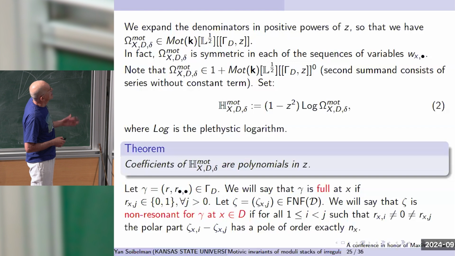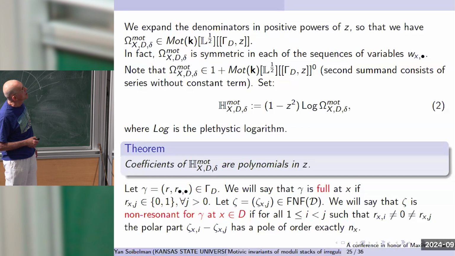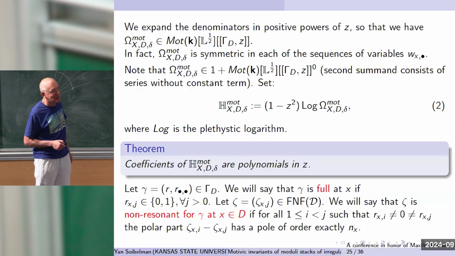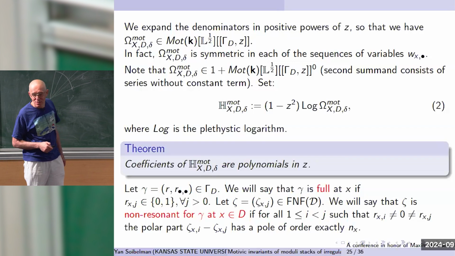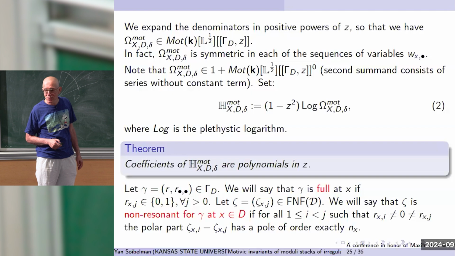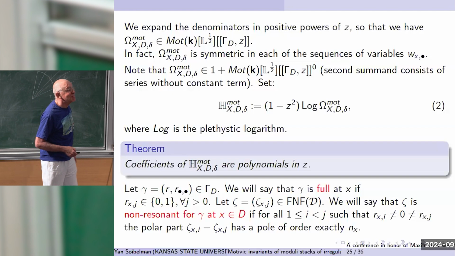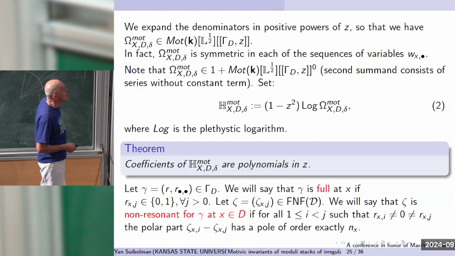Now comes the theorem: if we take the plethystic logarithm, then what I get is a generating series in two variables, W and Z, and it also depends on the Lefschetz motive, but in Z they are polynomials, and this is really important. Z is responsible for what? Z is responsible for degree. Well, for the degree of the vector bundle, n is the rank.